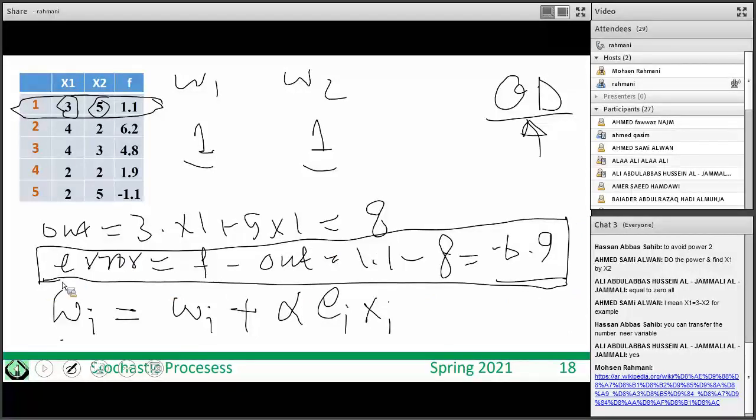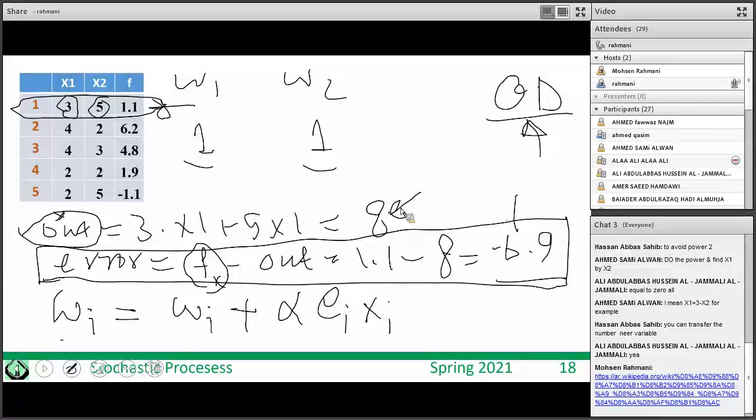It is very simple. The error is calculated by computing the output and the difference between the output and the desired output. I want to have 1.1, but here I get 8, so I have error. Gradient descent says that if you want to modify W, you have to use this formula.